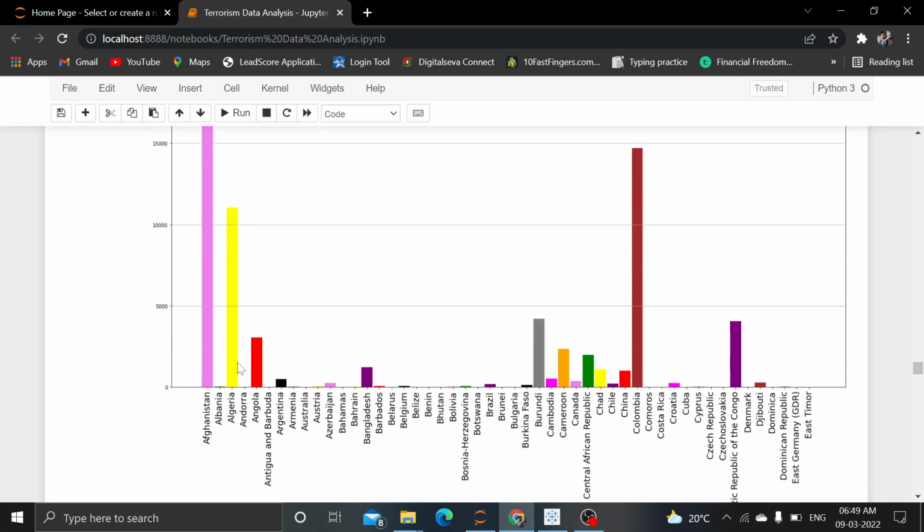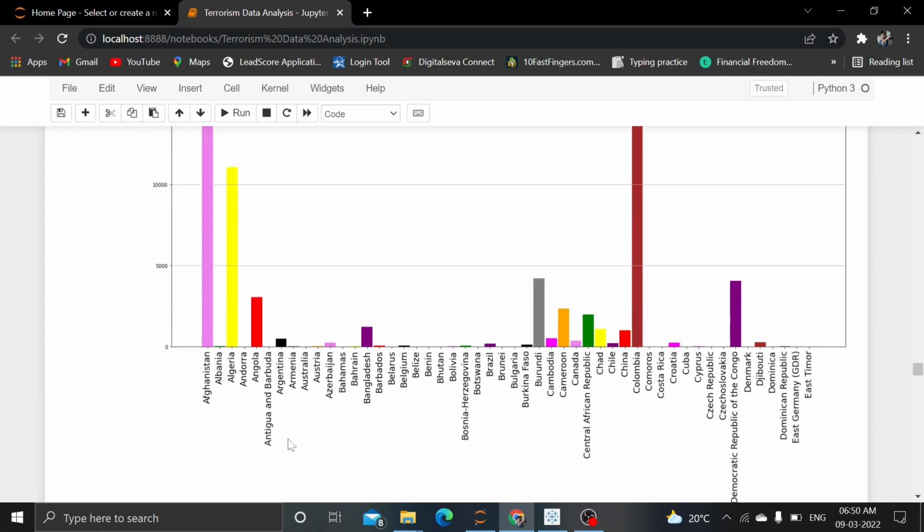Also, zero people were killed in Benin, Andorra, and also Antigua and Barbuda. So some of the countries have zero people killed.